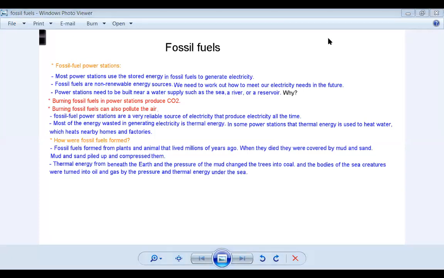Yes, because it's a greenhouse gas. Okay, thank you. I didn't hear the answer. I said, can we consider CO2 as a pollutant that can pollute the air?